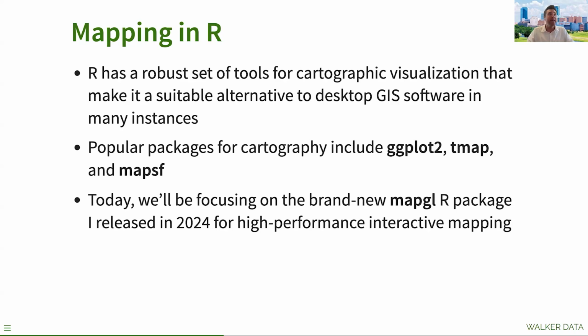I use it quite a lot. tmap, which stands for thematic map, is another great package for mapping, and you can do both static and interactive maps with it. mapsf is another one. For interactive maps, there's Leaflet and mapdeck and rdeck. There are a lot of different options.